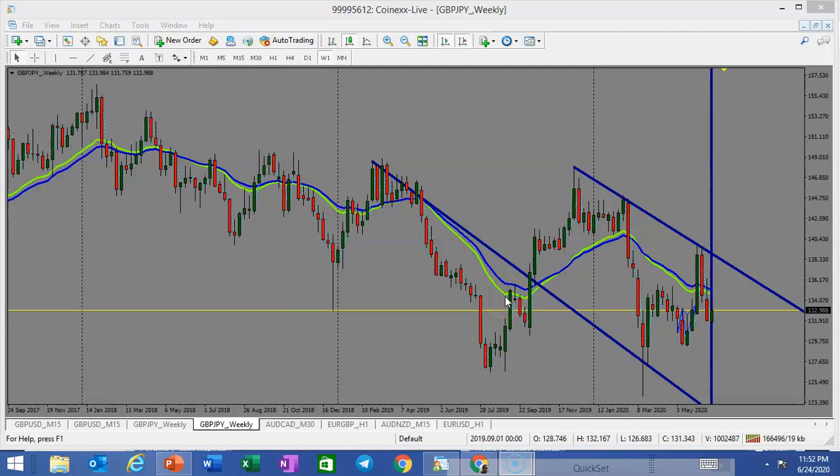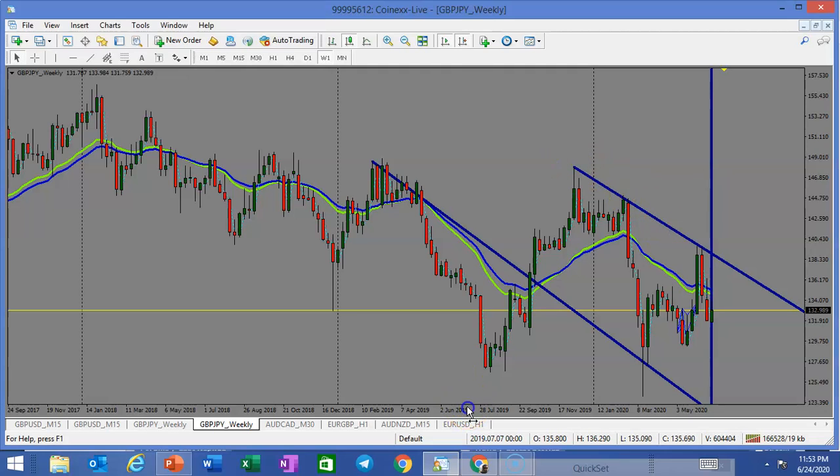So I have two pairs in mind this evening, GBPJPY and EURGBP. Tonight we will be trading triangles. I will be reviewing how to trade triangles. So let's get into GBPJPY first. What we always do when we approach the market is we look at the weekly first.